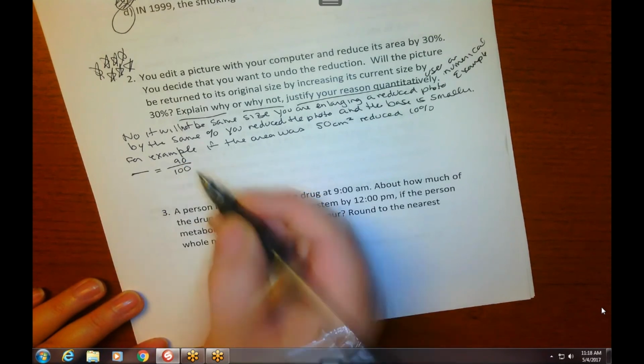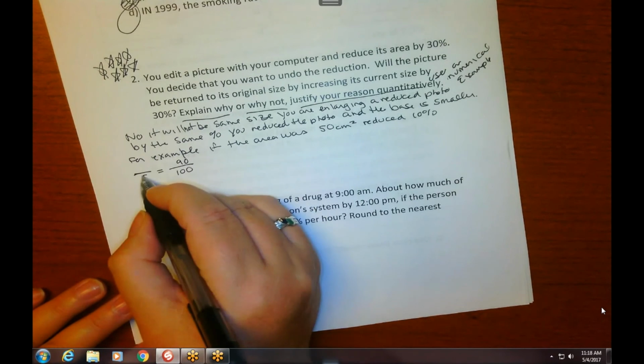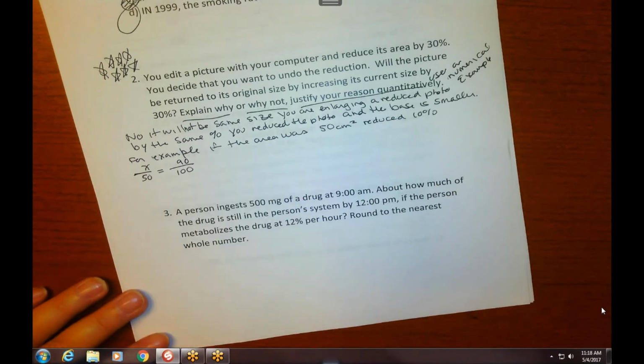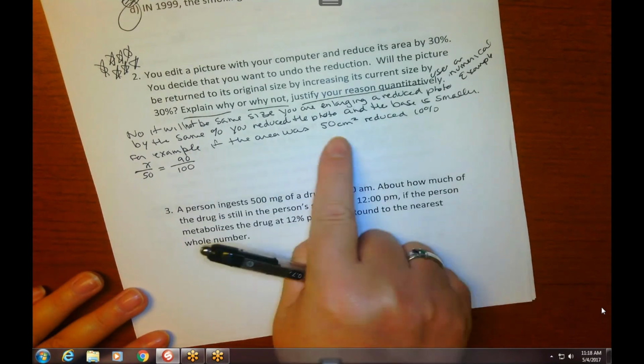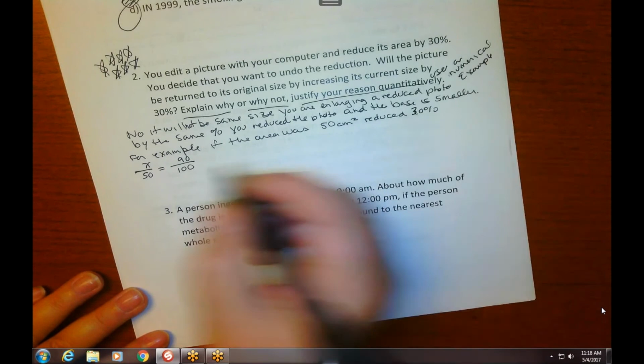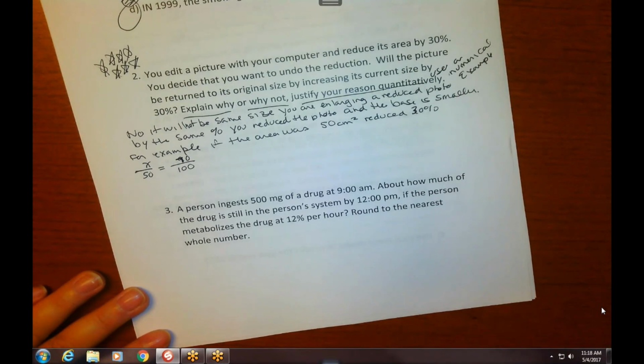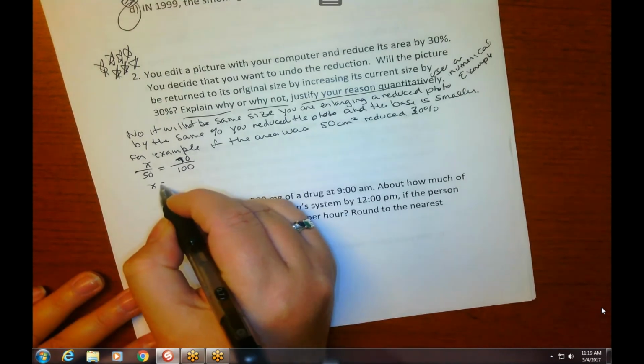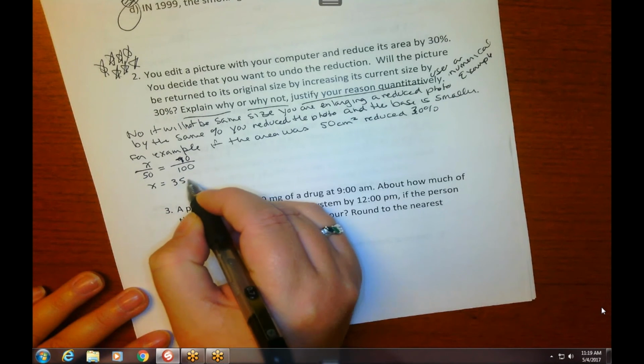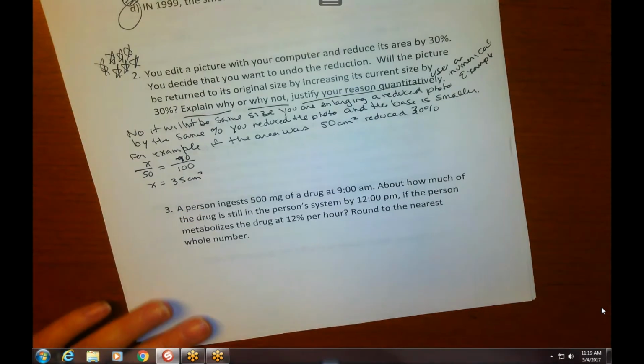We'd have 90% because we're reducing it, of 50 equals what? And again, I'm sorry, it's reduced 30%, so they gave us that 70. So 70 times 50 divided by 100, it would now be 35 centimeters squared.